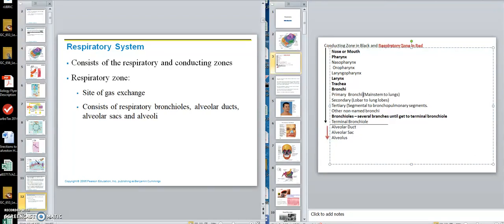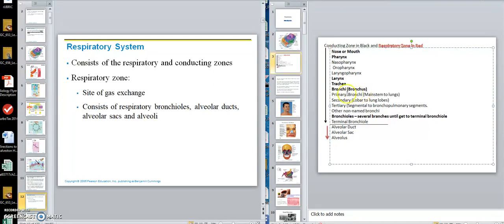B-R-O-N-C-H-I. The primary bronchi is the main stem, and it goes to the lungs. Bronchi is plural, and I'll put the singular up here for you: bronchus. That's the singular. So we have two primary bronchus, which will be bronchi now.